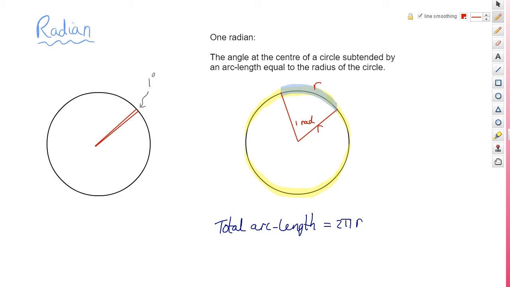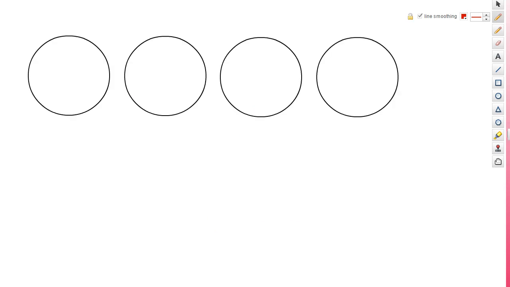So let's look a bit deeper. Let's look at what's going on. So let's draw our definition of the radian again. We know that it's the angle subtended by an arc length equal to 1 radius. Approximately speaking, that's about 1 radian, the angle in there, as we've already discussed. And we could look at an angle of 2 radians. Let's see what that looks like. Well, it's going to be twice as big.